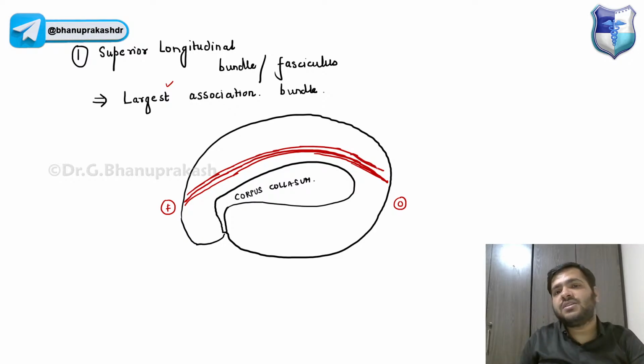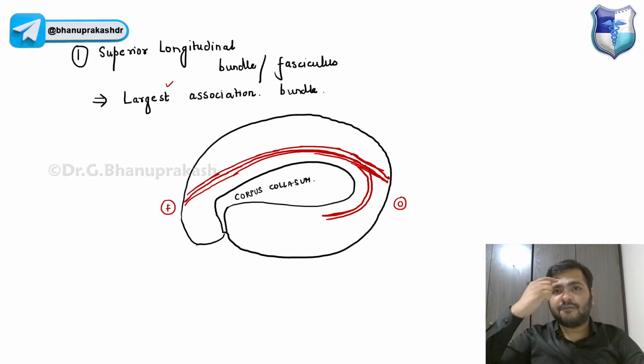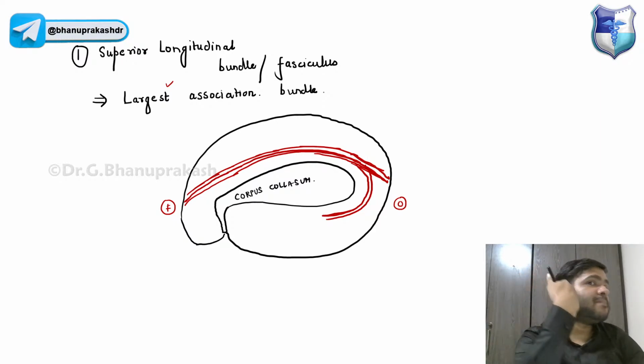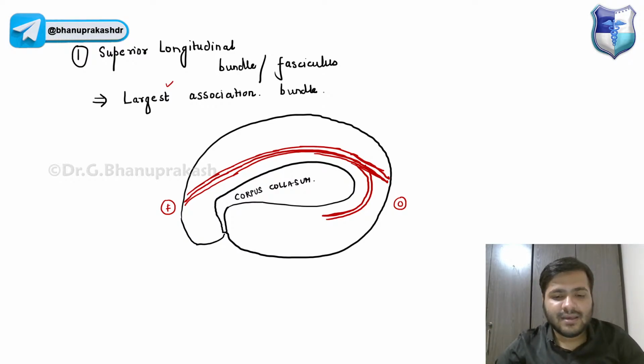One will try to reach the occipital lobe, and the inferior band will turn downward; some fibers will try to reach the temporal lobe also. फ्रंटल से ऑसिपिटल गए और कुछ फाइबर्स टेम्पोरल लोब तक भी आएंगे. टेम्पोरल कान के ऊपर वाला जो लोब है, that is the temporal lobe, right? So we have a superior and an inferior band. The superior band will run towards the occipital, and the inferior one will come towards the temporal lobe.